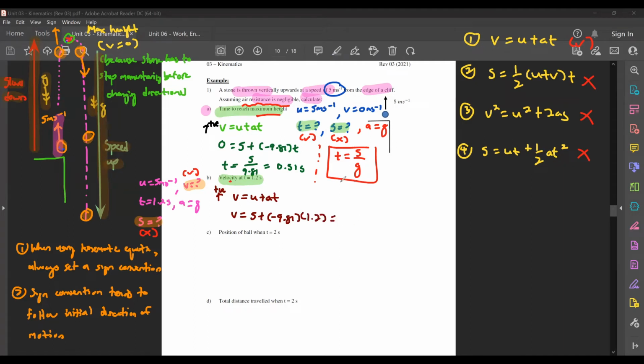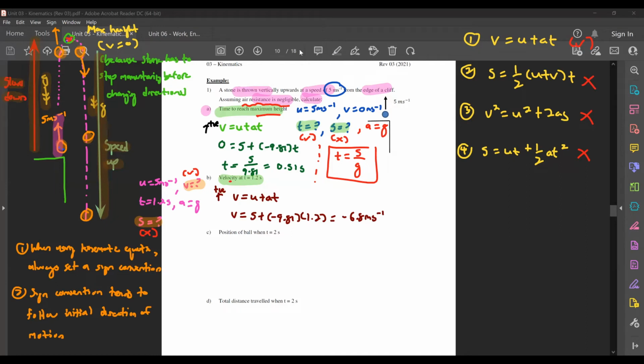So 5 plus negative 9.81 times 1.2. You're going to get the answer of negative 6.8 meters per second.